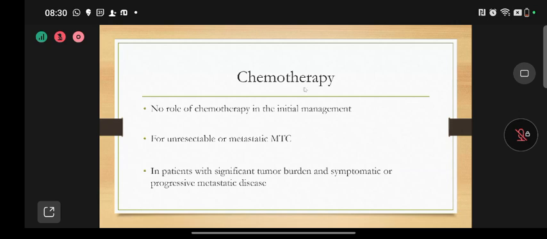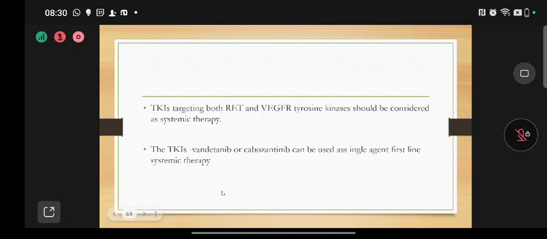Chemotherapy is actually important in the metastatic setting, so this topic will be better dealt with in the next class. There is no role for chemotherapy in the initial management. It is useful in unresectable or metastatic medullary thyroid cancer if the patient is symptomatic, has significant tumor burden, or has progressive metastatic disease.